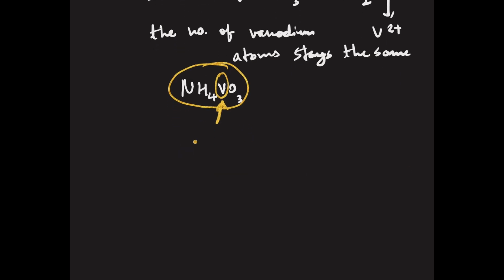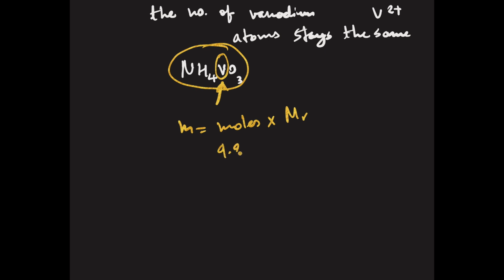Now we can work out the mass. Mass equals moles times the Mr. The moles we have got is 9.81 × 10⁻⁴ times the Mr, which I got as 116.5, and that will give me the answer, 0.1147 gram.